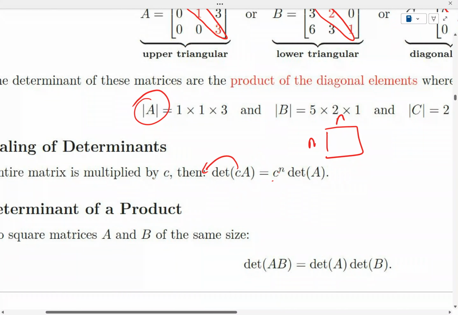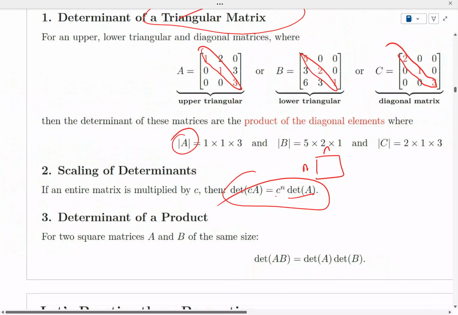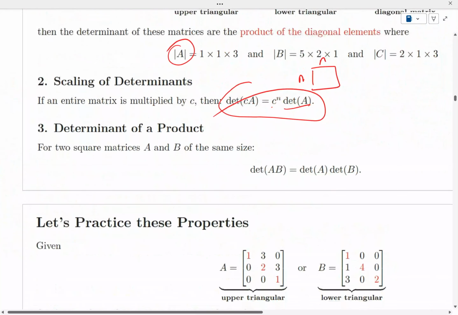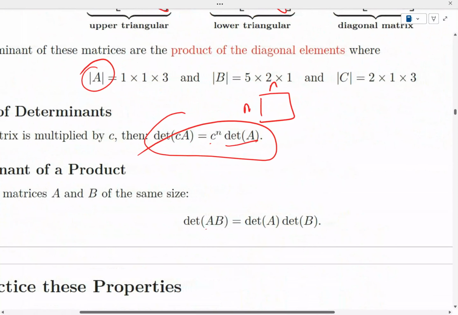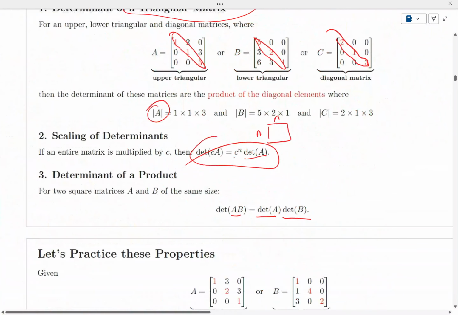You have to pull it out and take the nth power of the determinant of A. So these two are equivalent. And the third one is the determinant of the product. What I mean by that is if you have the determinant of A and B multiplied together, that's equivalent to the determinant of A times the determinant of B. Okay, so these are three properties.